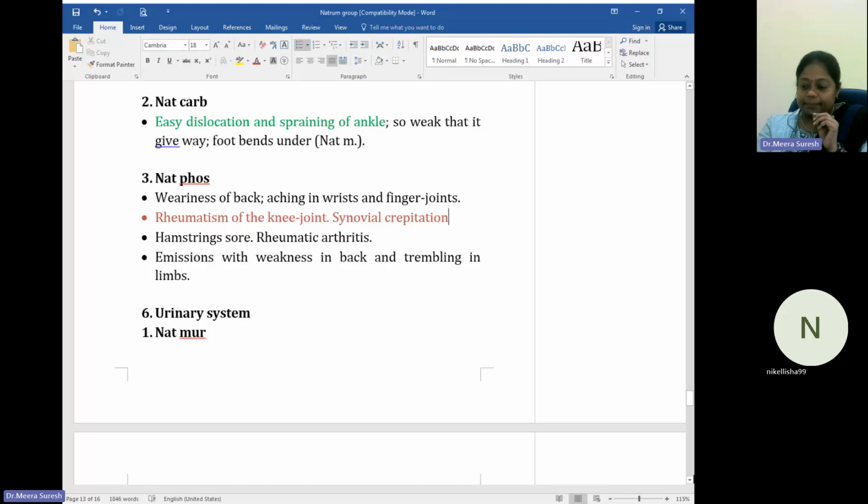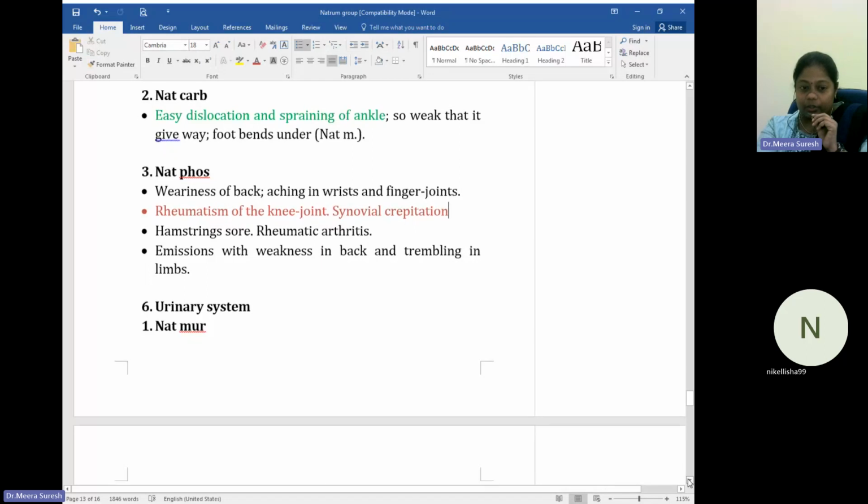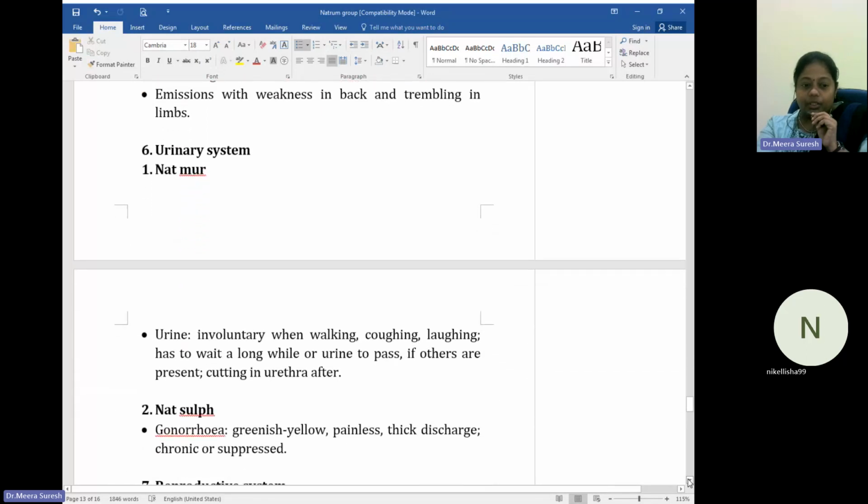Then in the urinary system, because this is a gonorrheal or sycotic medicine, in Natrum mur they don't have gonorrhea, but they have some crazy symptoms. There is involuntary urination when walking, coughing, laughing, etc. We already saw that lacrimation when they are coughing; like that, there is urine flow also.